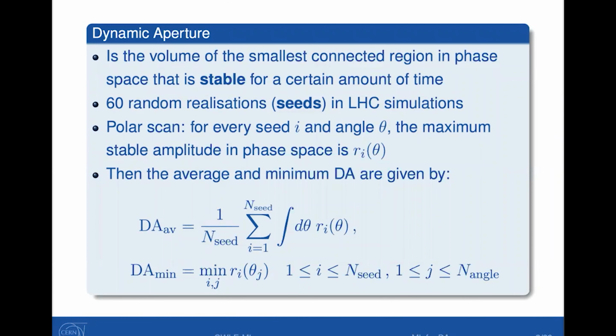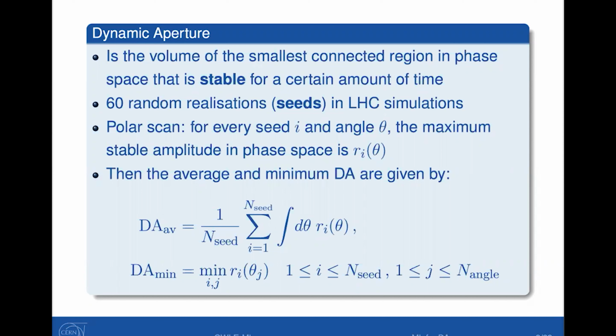Dynamic aperture is defined in the phase space. It's the smallest connected region in phase space that is stable for a given amount of time. So we look at the evolution of the phase space, and we look for the stable orbits. What we typically do when we do studies, for example, for the Large Hadron Collider, is we make random realizations. We call them seeds, 60 of them, to have different possibilities for the errors that we expect in the magnetic inhomogeneities, in the magnetic field qualities.